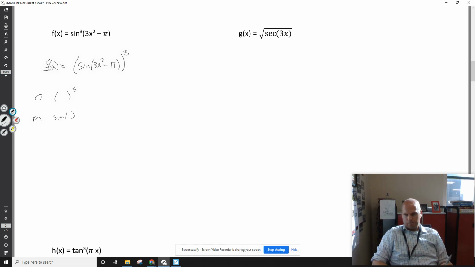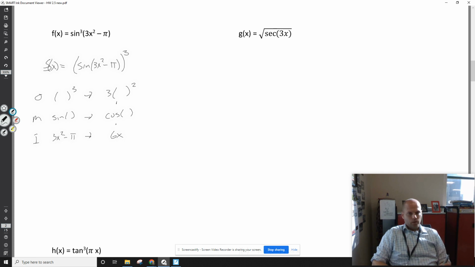Sine parentheses is a middle function, and then the inside is the 3x squared minus pi. You will have to take the product of all of these functions' derivatives. Okay, these are the composed functions. Chain rule says take the product of the derivatives of the composed functions. So we'll have to multiply together 3 parentheses squared with cos parentheses with 6x minus 0. The derivative of pi is just a number, 0.